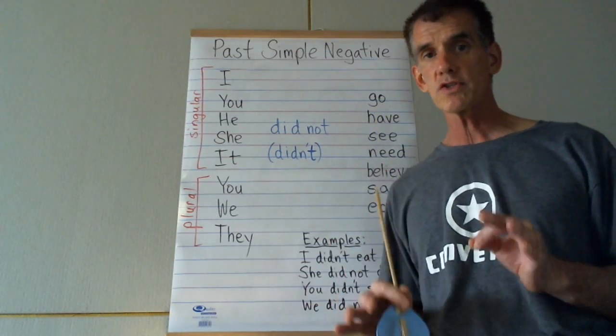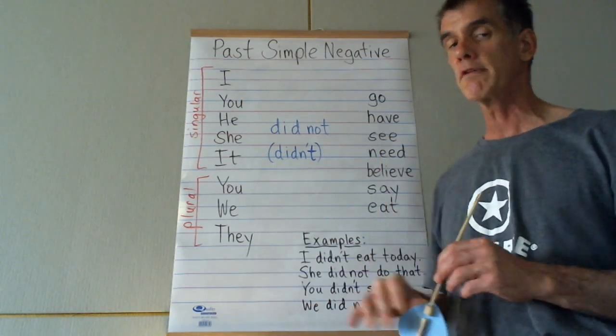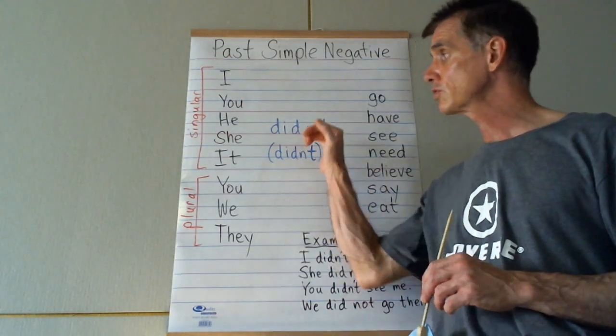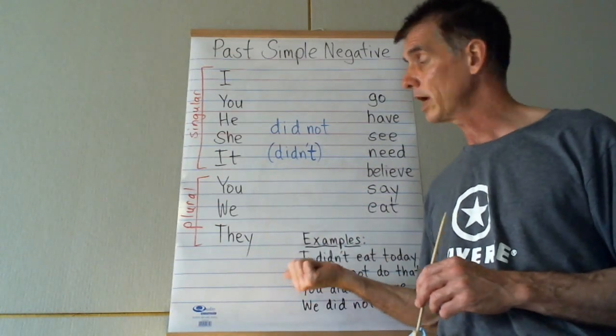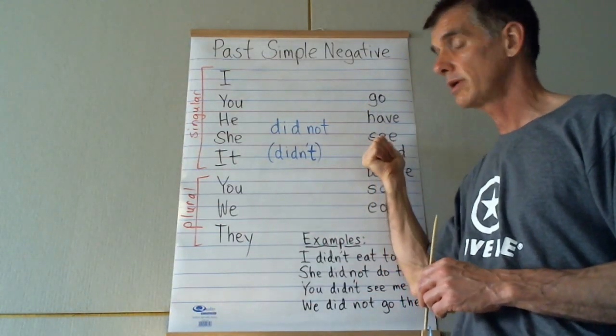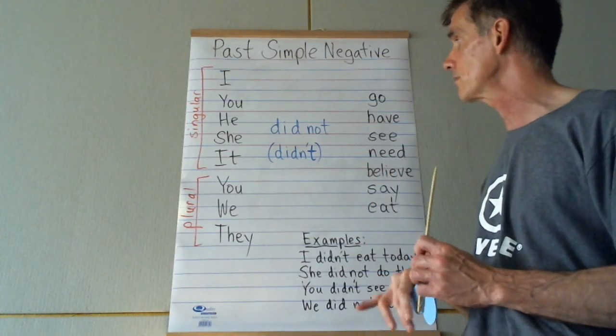And again, let me just state this one more time: go, have, see, need, believe, all the verbs that you use with did not, didn't, do not change, okay? You do not use the past tense of these verbs, you use the base form of the infinitive, okay?